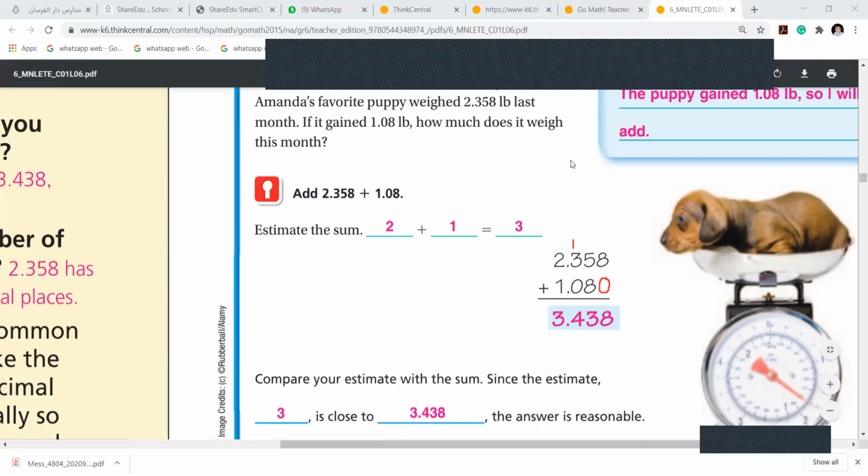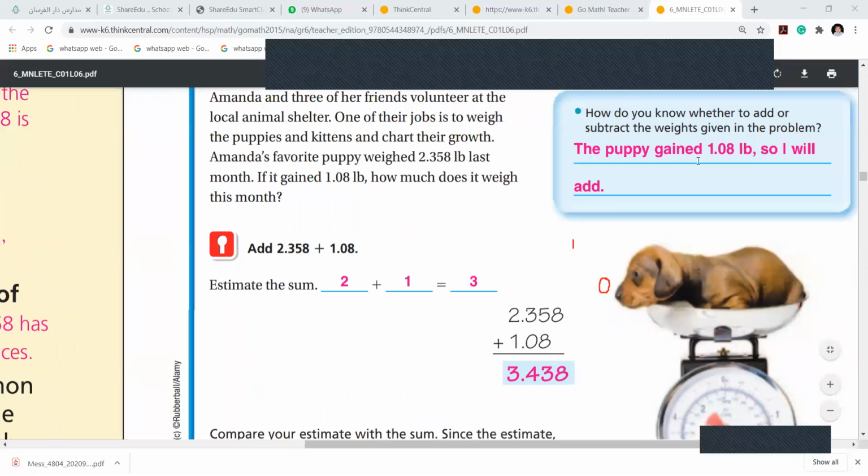Please write down here, the puppy gained, this was from the question. Martin, quickly read this. Amanda and three of her friends volunteer at the local animal shelter.